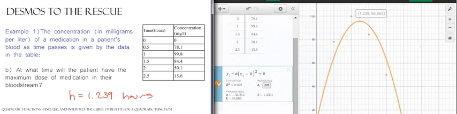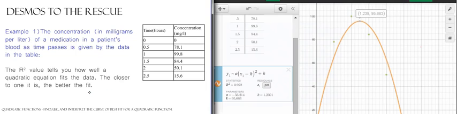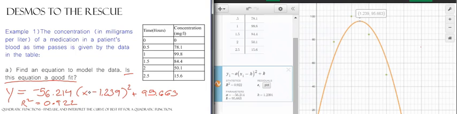Now, here's kind of a neat thing as well. That maximum is our vertex. So if we go back and we look at our equation, notice right here, this is the x-coordinate of our vertex, and that answer is the amount of time where the maximum is.